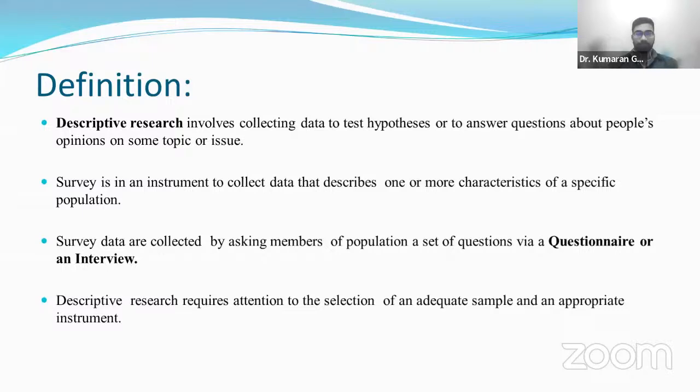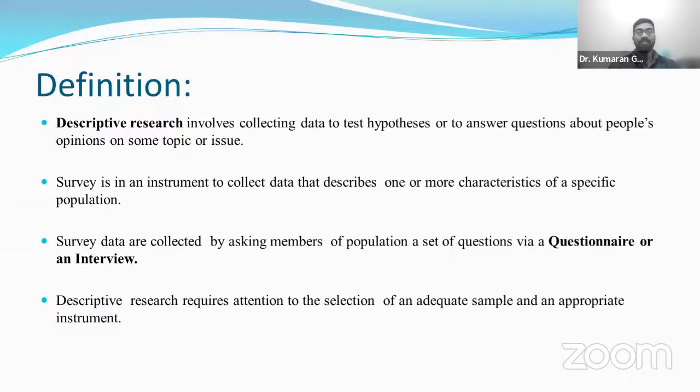As you can all see on the screen, descriptive research involves collecting data and testing hypotheses or answering questions about people's opinions on some topic or issue. For example, not to take it controversially, the taste of McDonald's. We can take that as a survey.